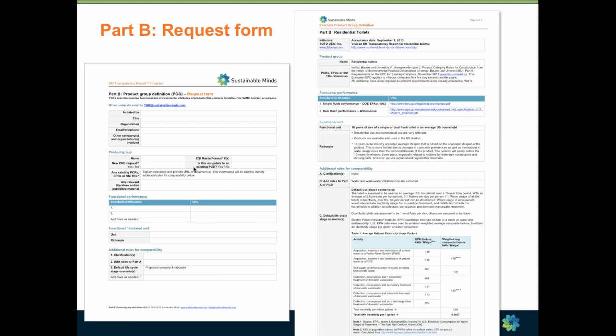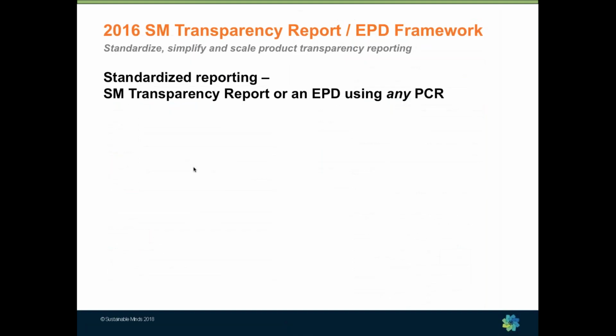So after we became a program operator and documented all of that and how to create a Part B, which is the portion that is specific to the product group, we then turned our attention to, look, any program operator should be able to offer their clients, their customers, a transparency report versus a standard, long form PDF, if you will.